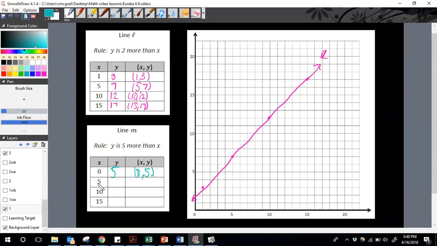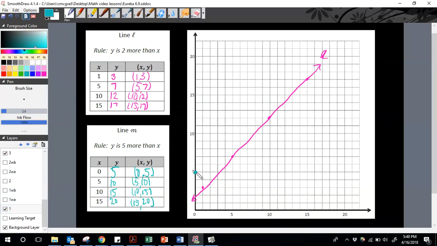When x is 5, y must be 10. So the coordinates are 5, 10. When x is 10, y must be 15. 10, 15. And then when x is 15, y must be 20. So it's 15, 20.